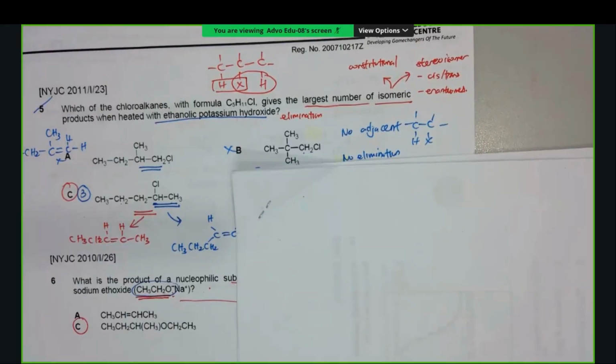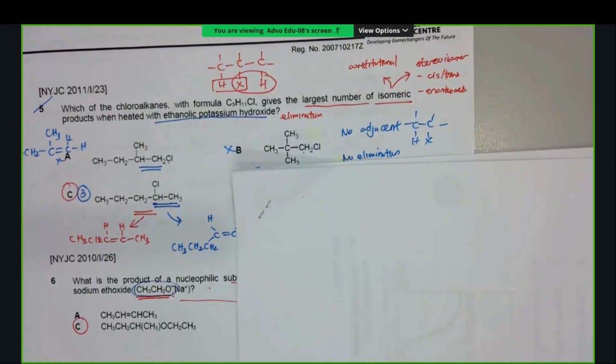Then after that, each of the alkene carbons must have two different groups attached. Each of the carbons that forms the double bond must bond to two different groups. For example, this one, H and H, cannot show cis-trans already.